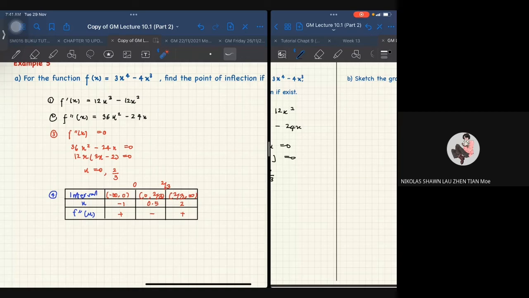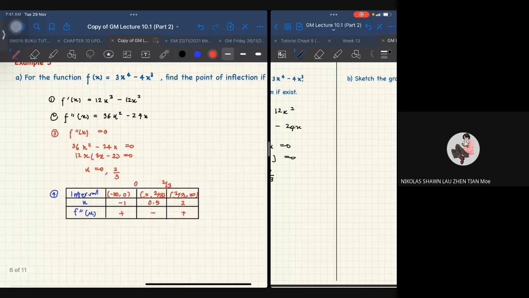Okay, and then sama juga dengan 2 over 3. So before 2 over 3, your concavity is negative, which is going down. Okay, and then meeting 2 over 3, your concavity changes sign to positive, which is going up. Okay, so kosong dan 2/3 is your inflection number. So this is inflection number.